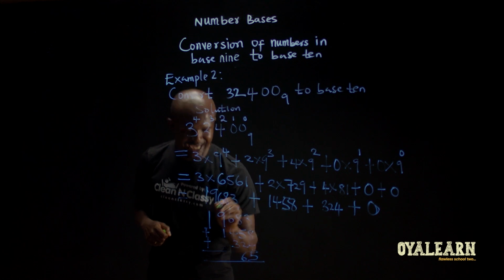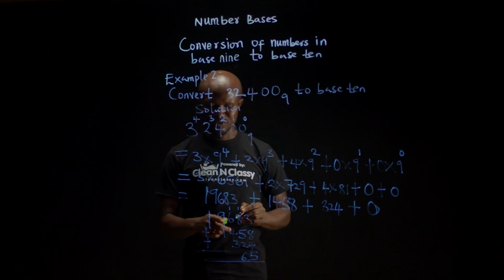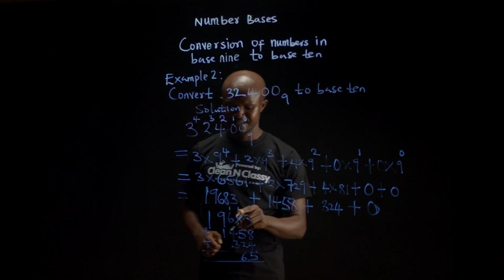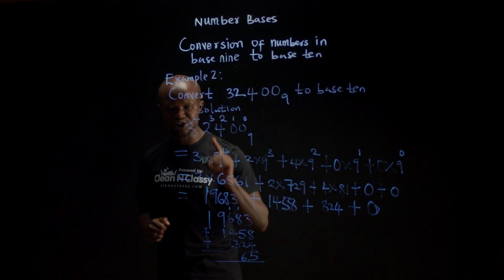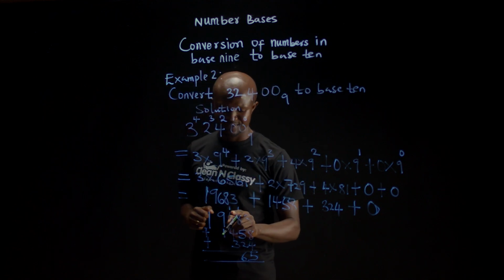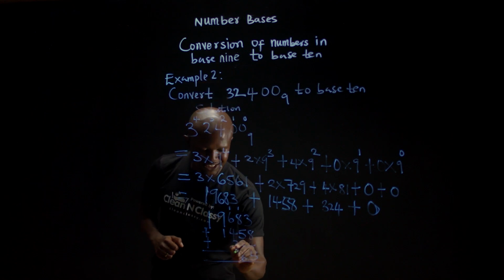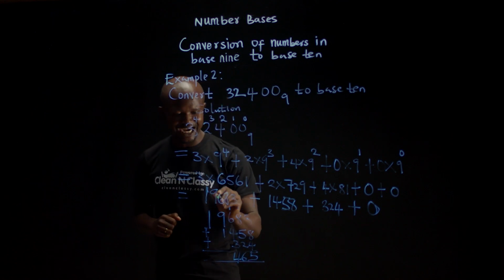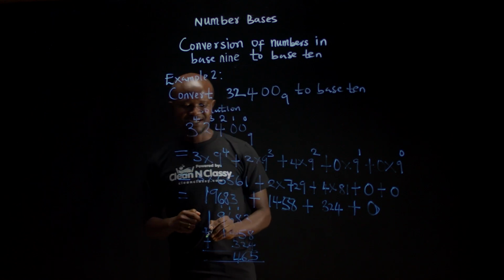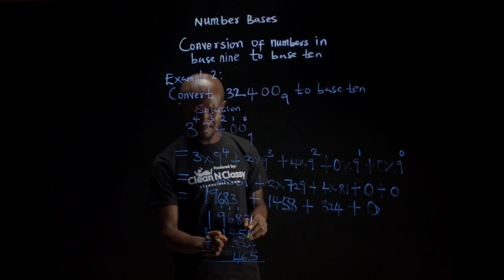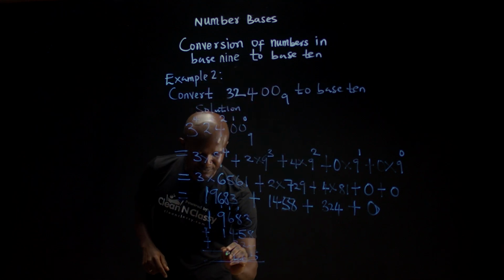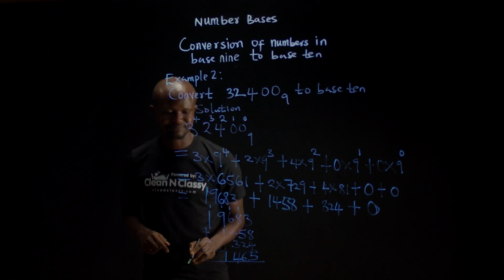Then we carry 1 again. We write down 6 and carry 1. 1 plus 6, 7. 7 plus 4, 11. 11 plus 3, 14. Then we carry 1 again. Now, 1 plus 9, 10. 10 plus 1, 11. Then we carry 1 again.